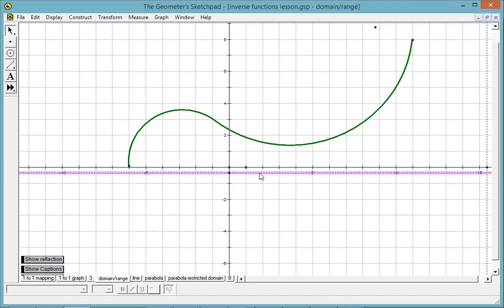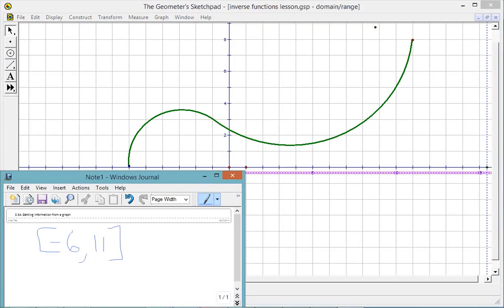So our range is from 0 to 8. So we would write that as from 0 to 8. Now I'm including the endpoints because, as you notice, there's a little dot at the end, right? There's a point.